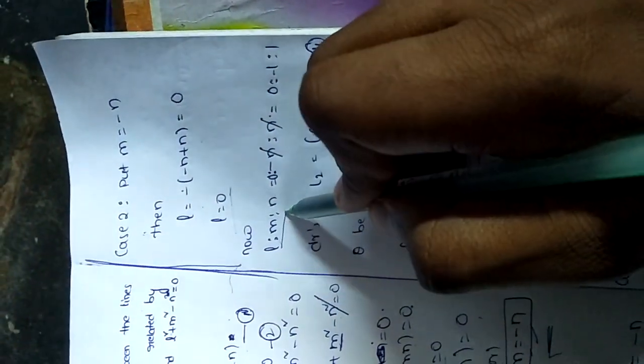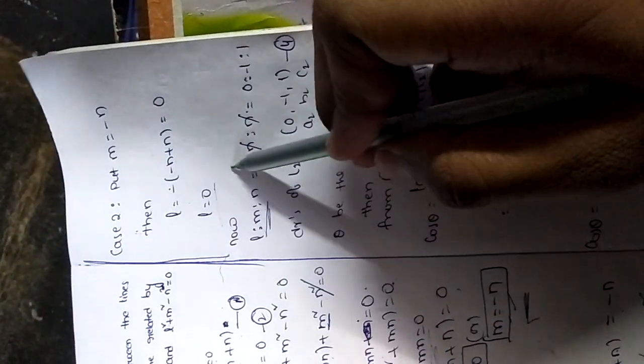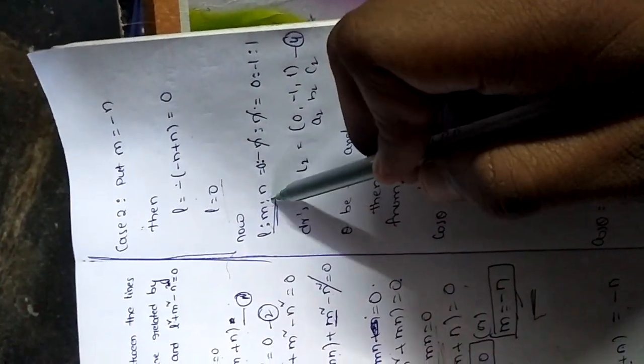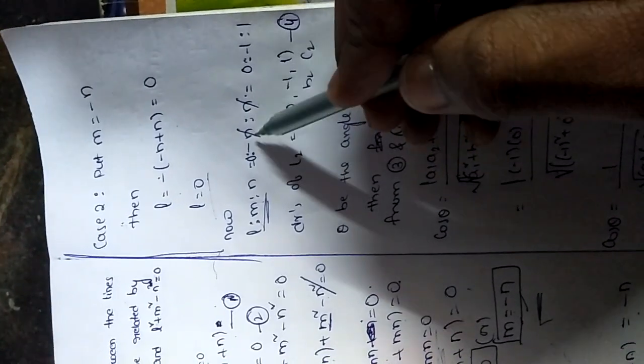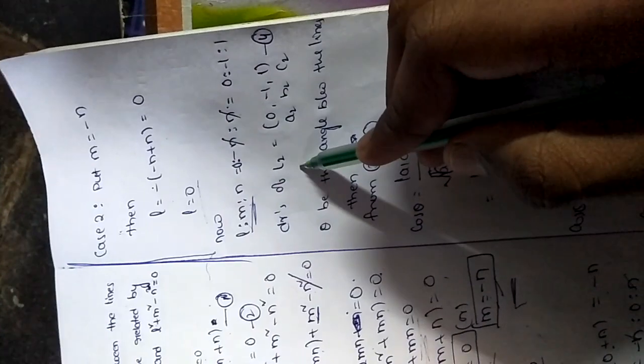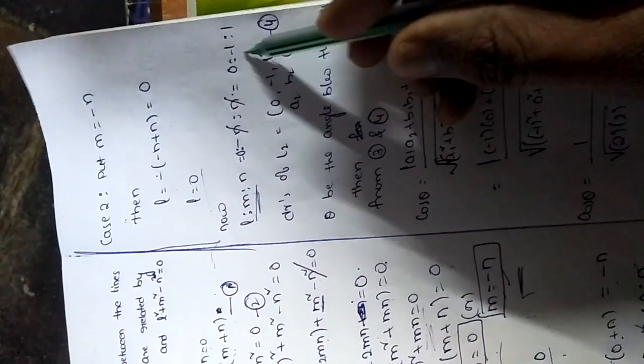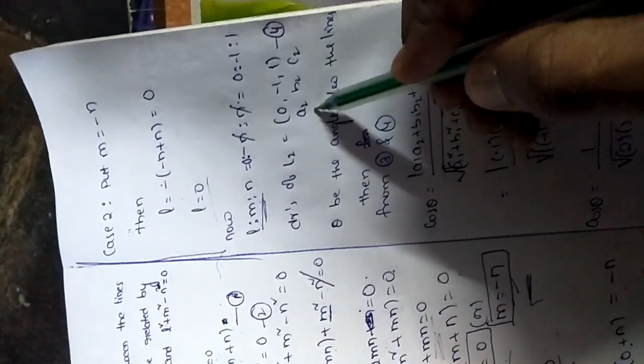Again we take the ratios of these three, L is to M is to N: L equals 0, M is minus N, and N is N. As we cancel out, 0 is to minus 1 is to 1. So the DRs of L2 are 0, minus 1, 1. It will be A2, B2 and C2.